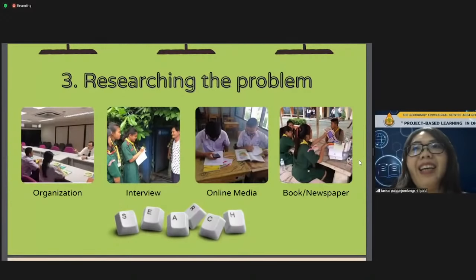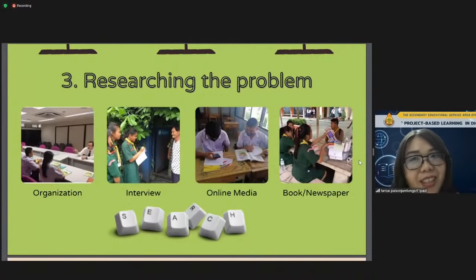Step 3 is research and define the problem. This step is very fun and very useful. Once students have agreed on the topic, they need to do some research. This should include some traditional gathering of research and statistics. Students should also do data collection.